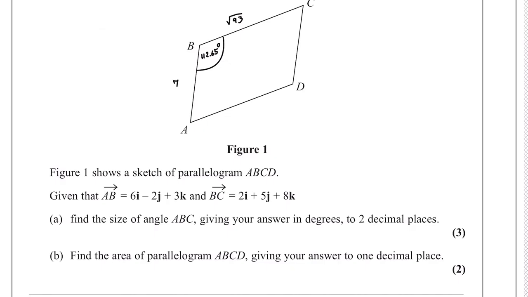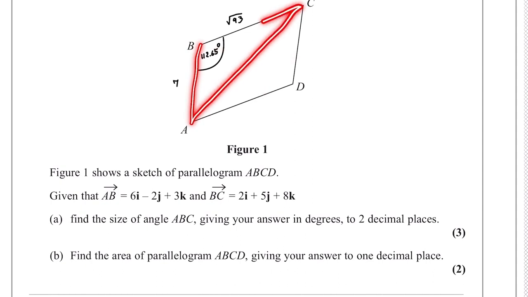Next, we have to find the area of ABCD and give our answer to 1 decimal place. According to the previous problem, we know that BA equals 7 and BC equals square root 93, and the angle between these two sides is 112.65. So you can divide this parallelogram into 2 parts like this. Now we have 2 identical triangles.